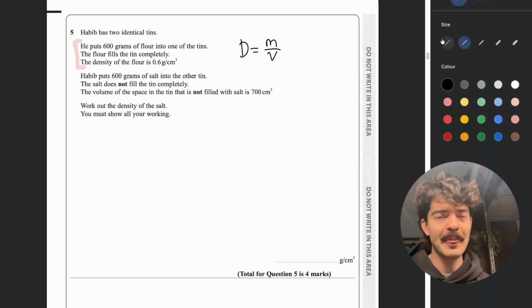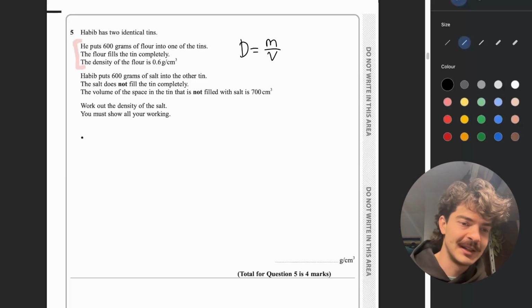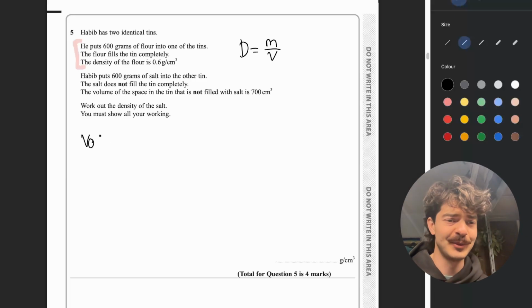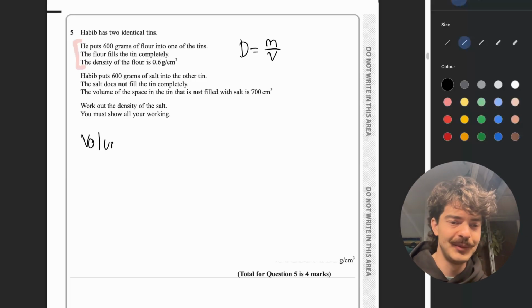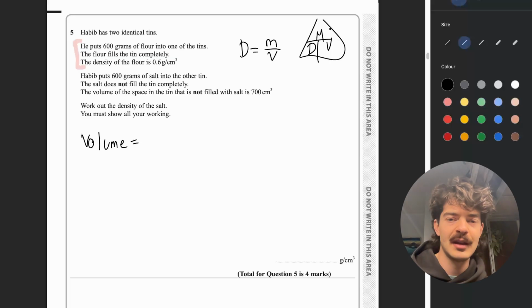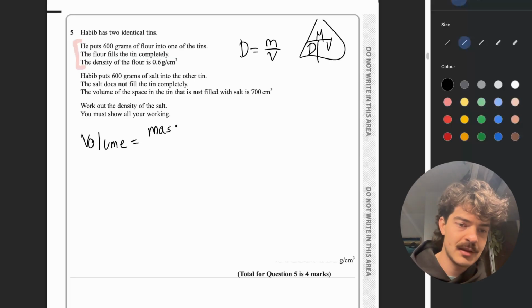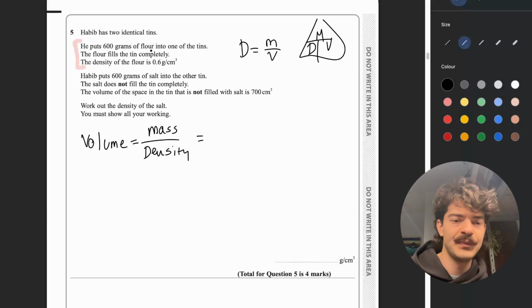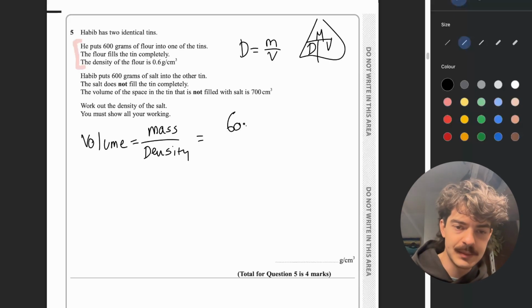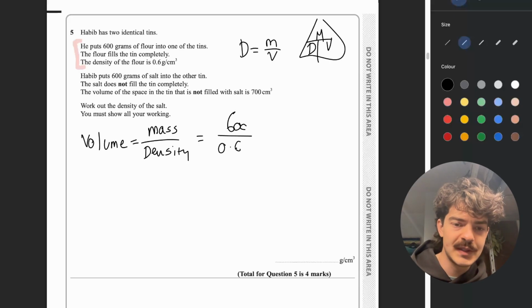So why not? Let's just figure out this volume straight away so we can use it later in the question. We're almost certainly going to have to use it. So volume is equal to, use your triangle here. A lot of people prefer using a triangle for these. And you'll notice that mass over density gives us our volume. So in our case, we've got the mass of 600 grams over 0.6 as the density.